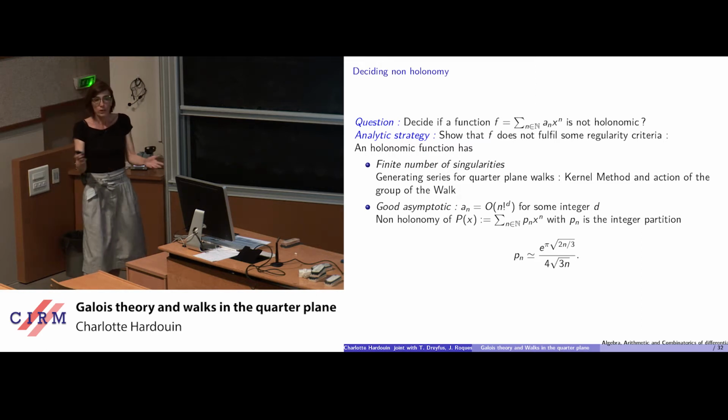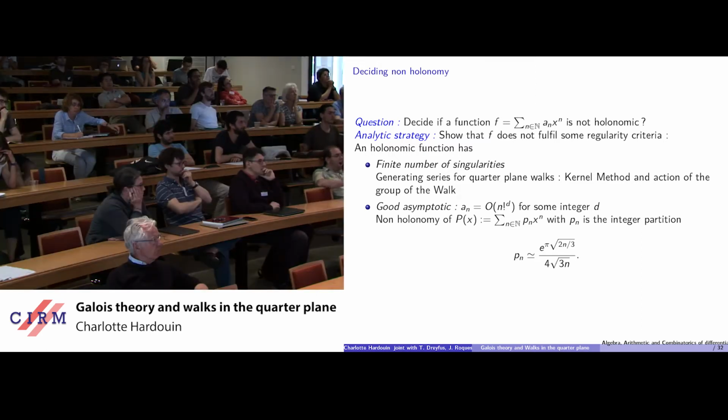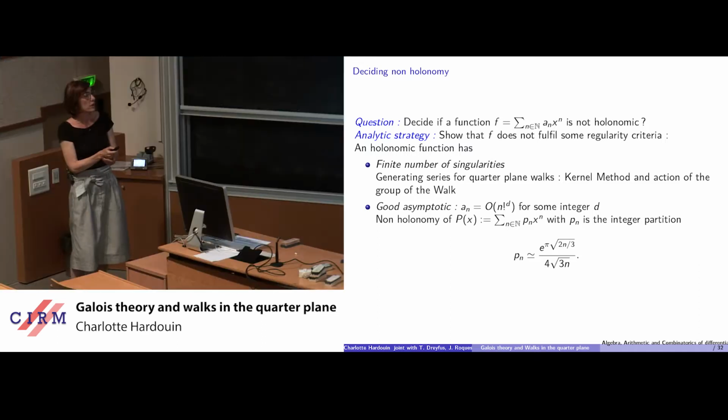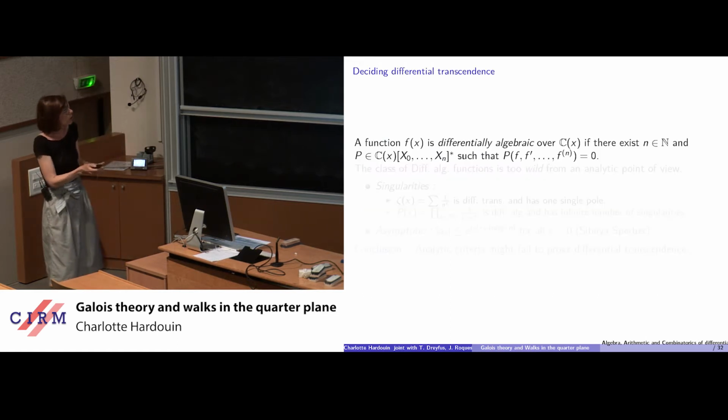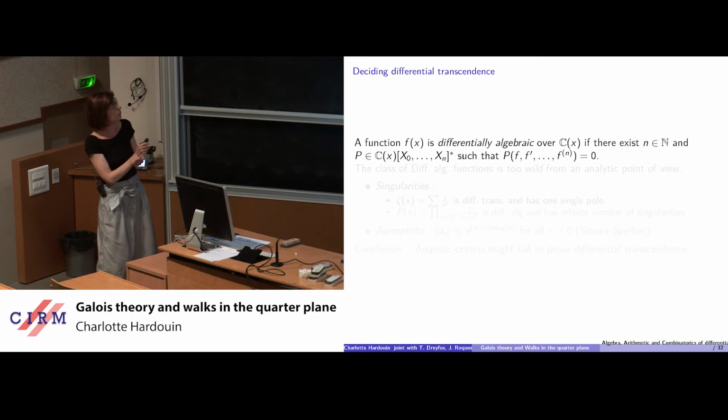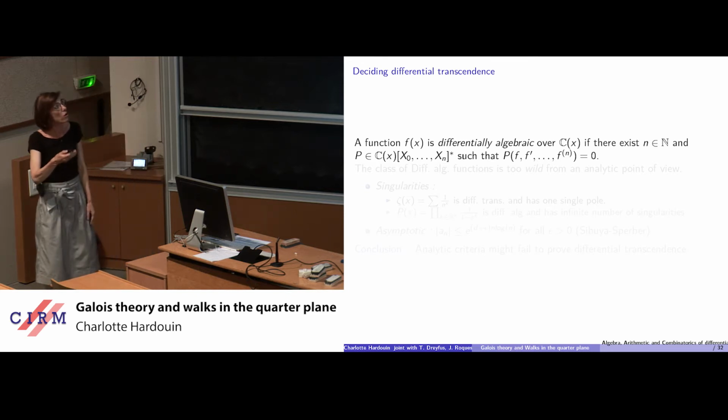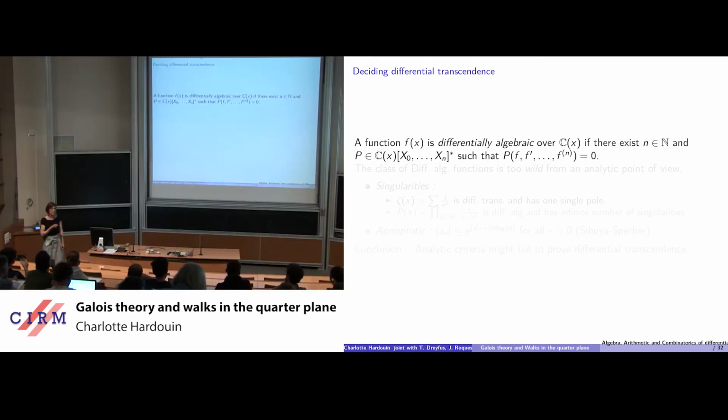Well, when you have done this work and you know that your function is not holonomic, well, you can ask if it has some other type of differential relation. So now you can wonder if your function is differentially algebraic, that is, it satisfies a nonlinear differential equation. And in that case, the analytic criteria will not be sufficient.